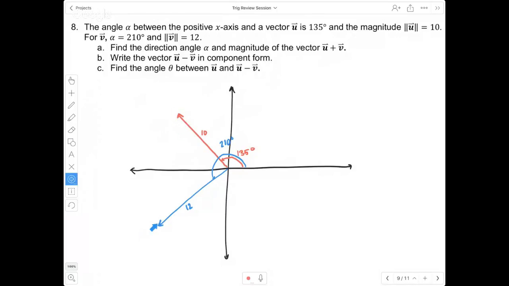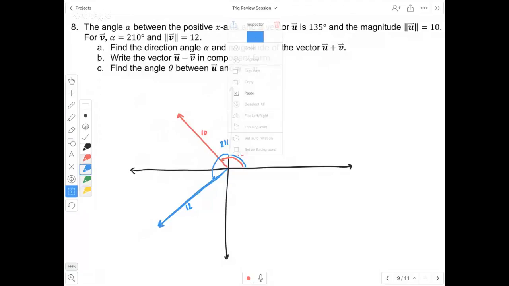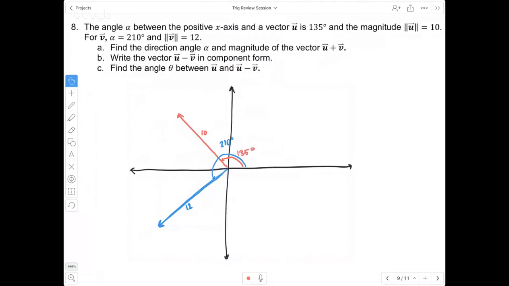Obviously, I could also take the red vector and bring it to the end of the blue vector. Either way is a reasonable method of finding the resultant or sum of the two vectors. So here's a copy of the blue vector.